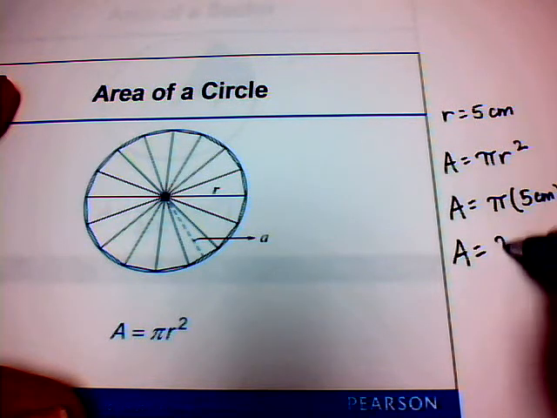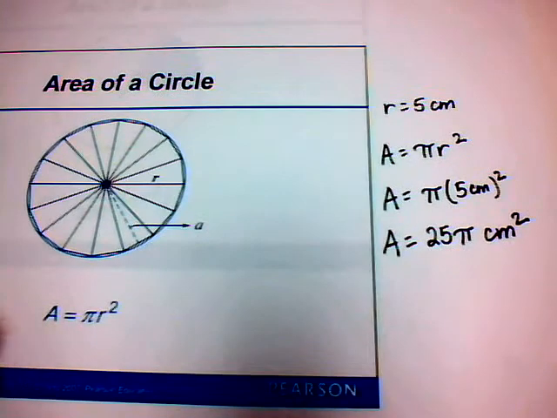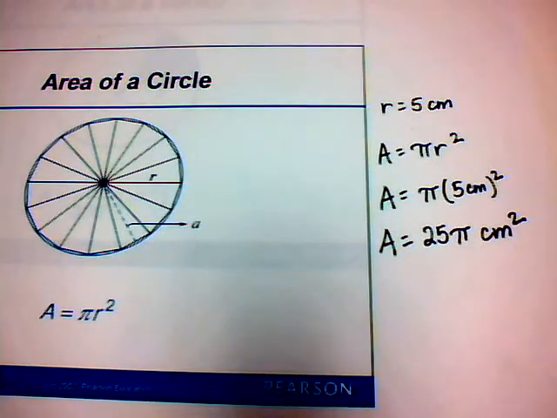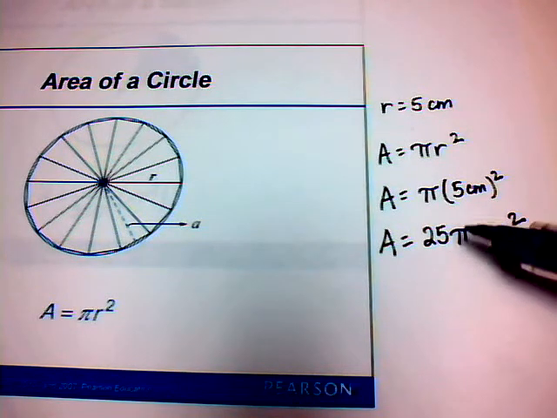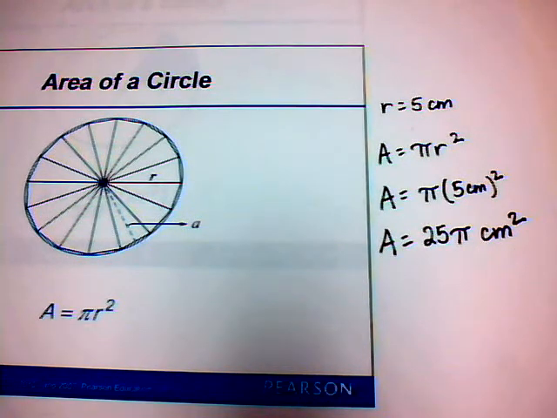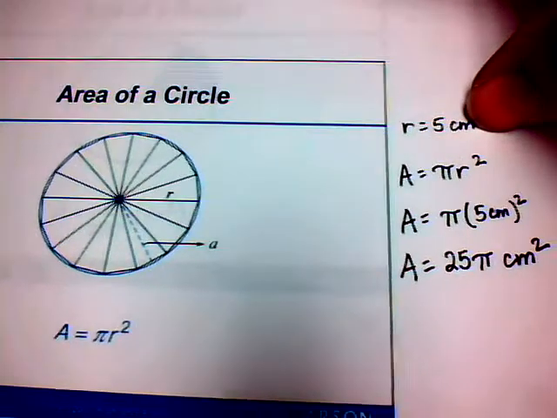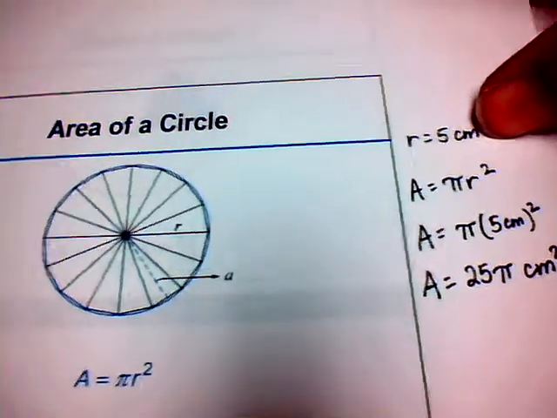Well, if you square 5, you're going to get 25, and we bring down the pi. And this is going to be in square centimeters. So the area of that circle will be 25 pi square centimeters. Now if they tell you to use 3.14 for pi, then you'll do 25 times 3.14, and you'll get your answer in square centimeters. Okay, so that's how we use the formula for the area of a circle.